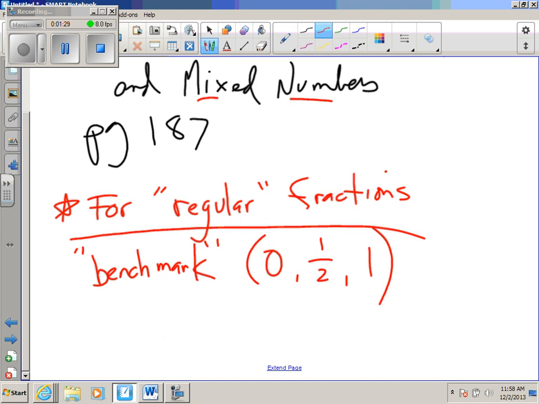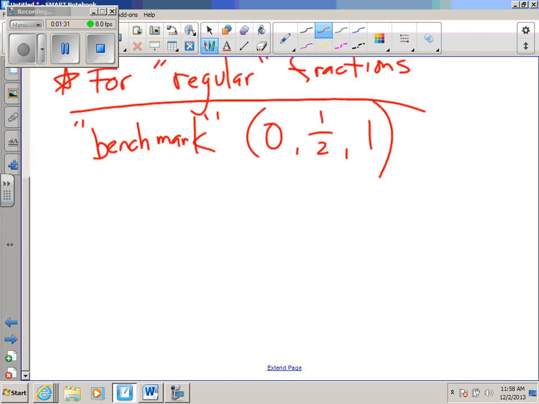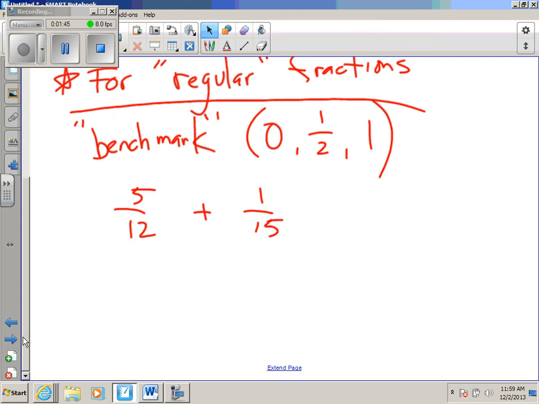So if we look at something like a 5/12, so we're going to add it to a 1/15. I'm going to take each of these fractions and round them individually before I do my adding in this case.